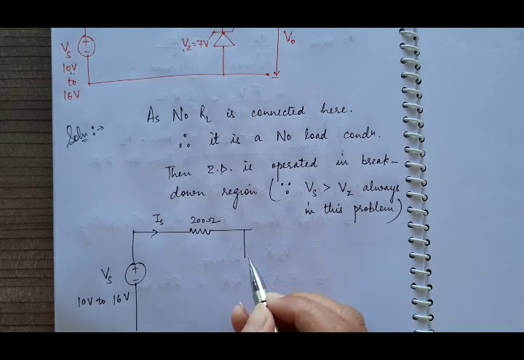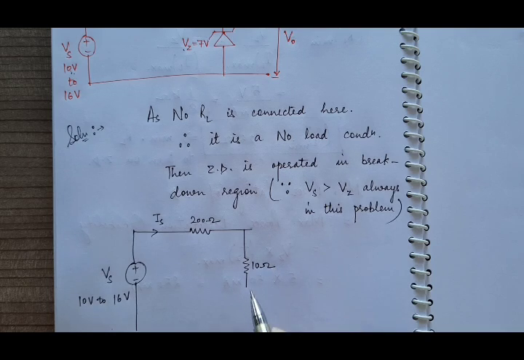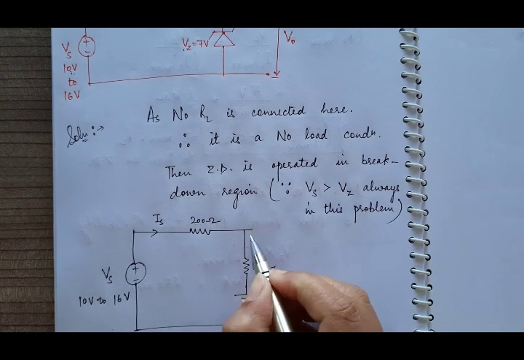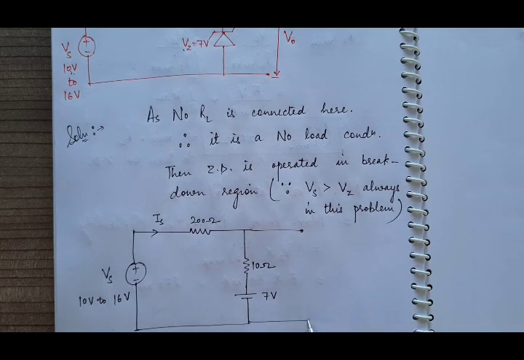And we have given Zener resistance, and suppose that Zener resistance is 10 ohms, it will be in series with the Zener voltage. And what is Zener voltage? It is 7 volts. So it will act as a voltage source providing 7 volt voltage. And here we have to calculate V0.